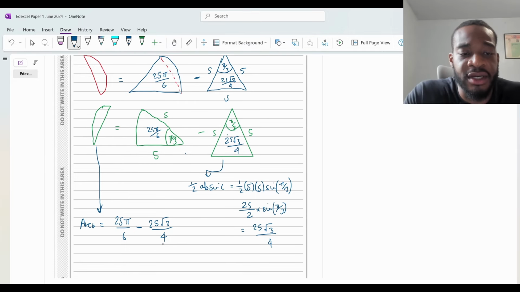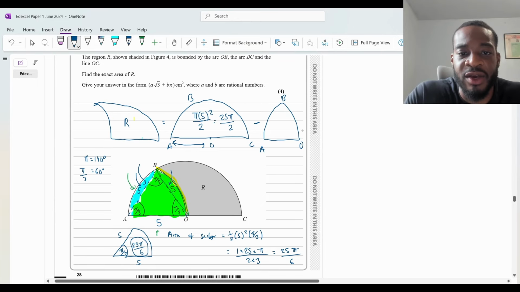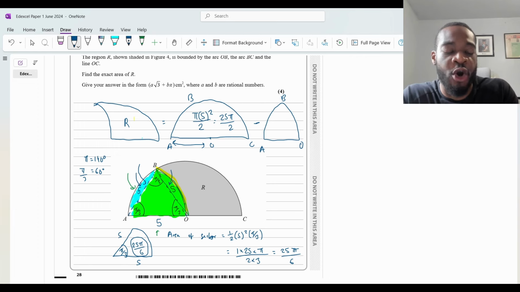So now we've got that. Remember what we're looking for though. We're looking for this area here, ABO, right? We had the area of the sector in green, which is 25 pi over 6. We just now need to add the area in blue.